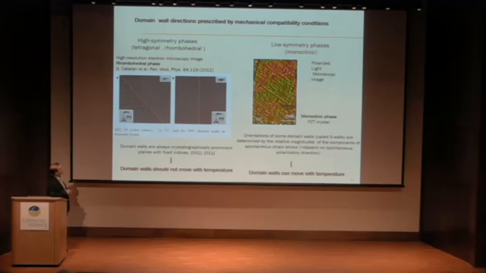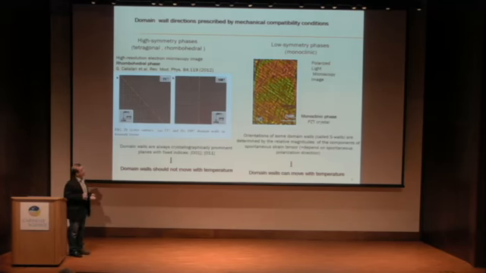Thus, the domain wall is parallel to the 001 crystallographic direction or at 45 degrees. And the spontaneous polarization also goes through these directions. And when the temperature changes, the positions of domain walls are not expected to change.